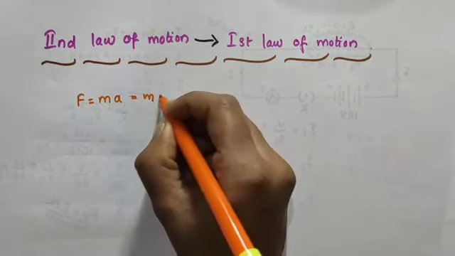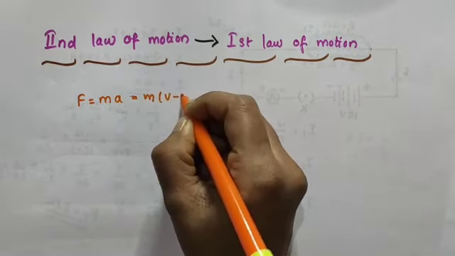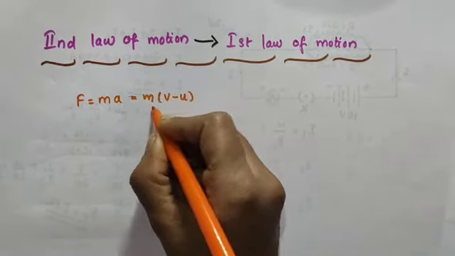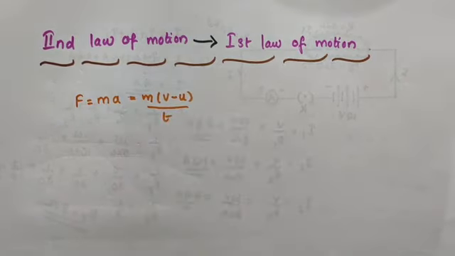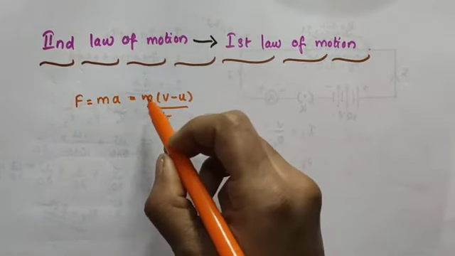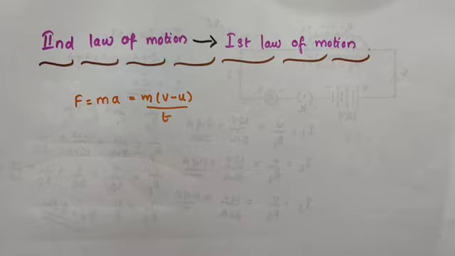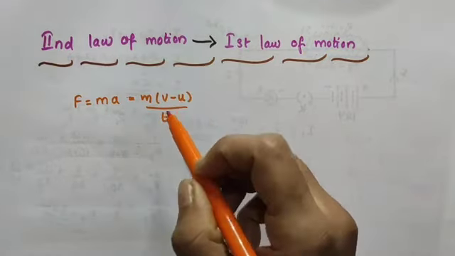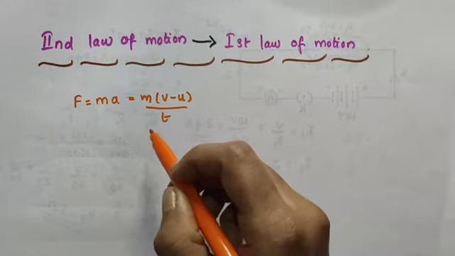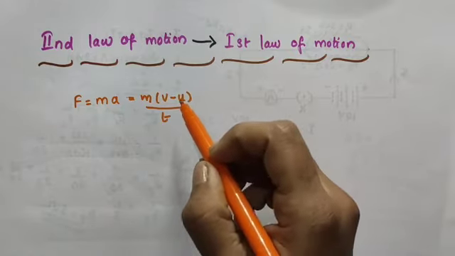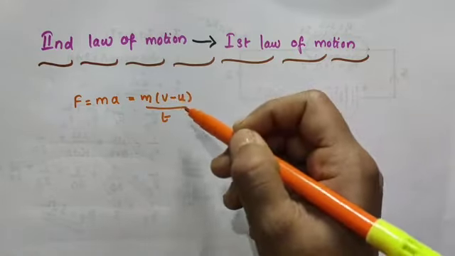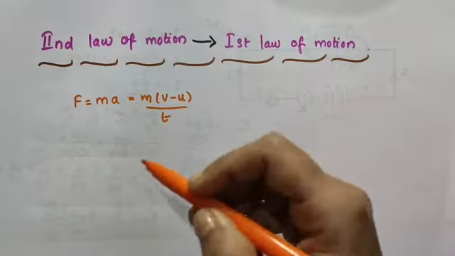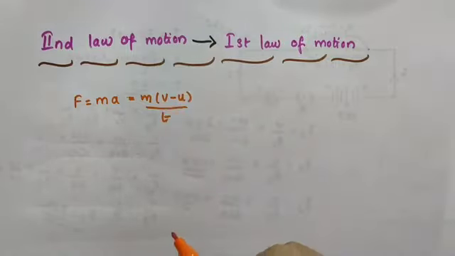That is, acceleration equals final velocity v minus initial velocity u, divided by time taken t. Here m is the mass of the object, v is the final velocity of the object, u is the initial velocity of the object, and t is the time taken to change the velocity from u to v, that is, from initial velocity to final velocity.